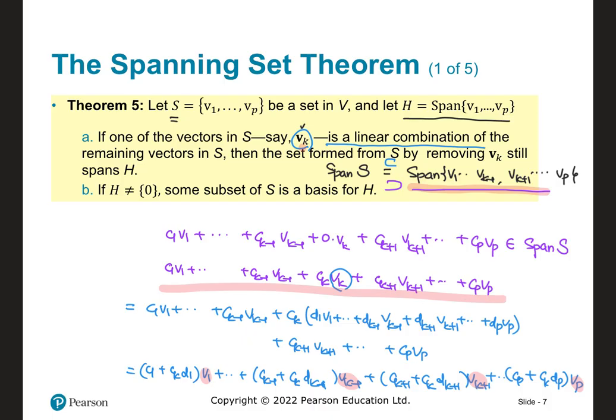Right? So if I have a set of p vectors, and if some vector can be written as a linear combination of the other vectors, then I can safely remove that vector as redundancy. Then the span of the remaining vectors will still be the same.